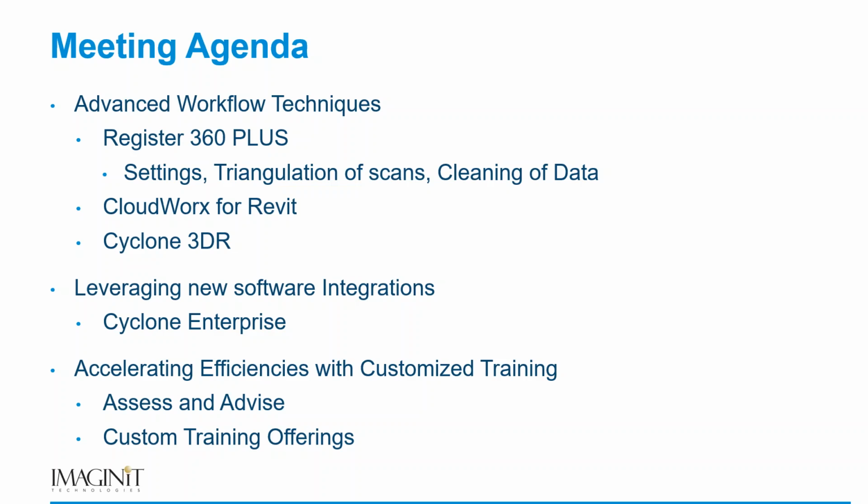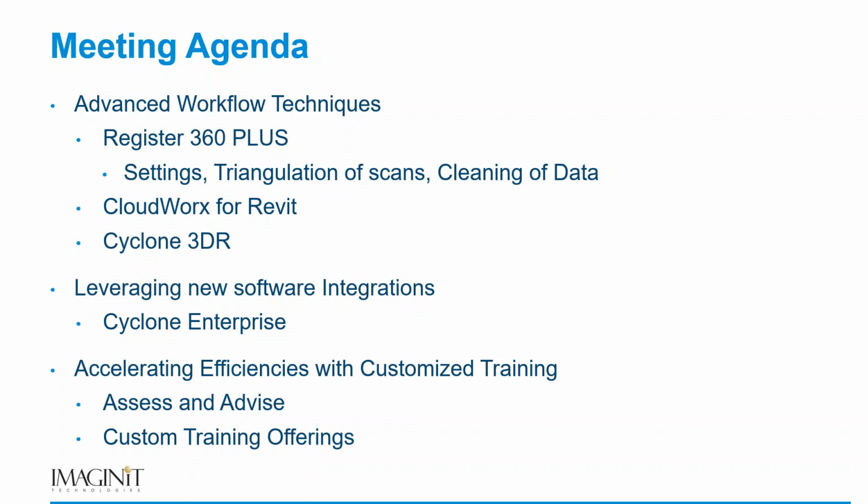looking at it. We're going to touch on a couple of things: Register 360, including some settings, triangulation, cleaning of data. That's kind of a big one. We're going to jump into a few things for CloudWorks for Revit.